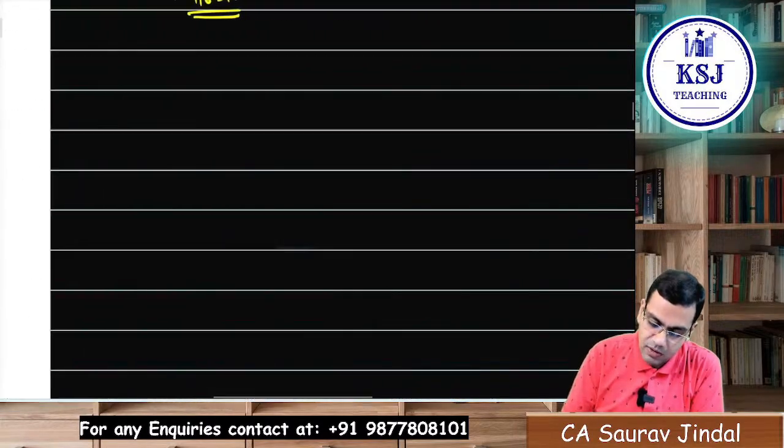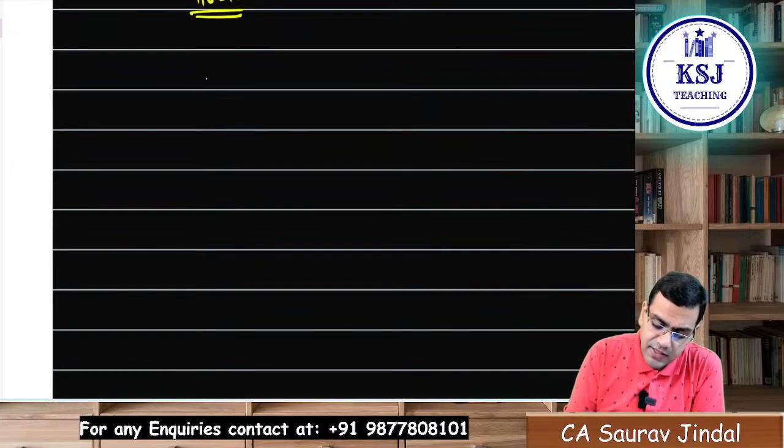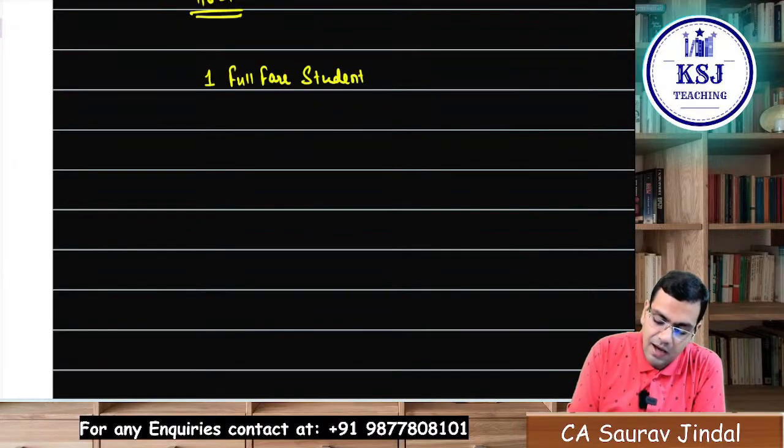Okay, sir. Now, if I write one equation, will you people agree with it? Whatever we charge from one full fare student, the same amount is charged from 2 half fare students. Do you agree with this statement?